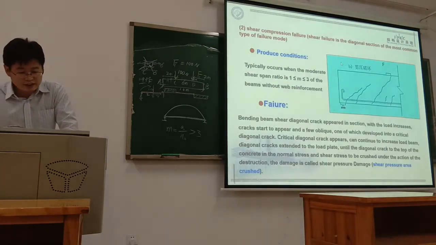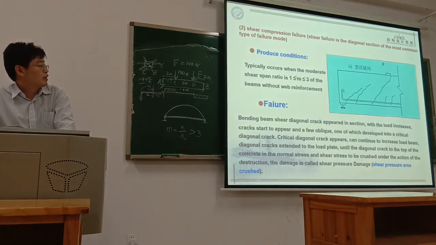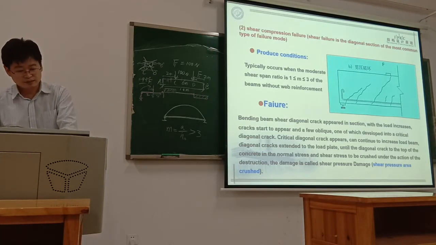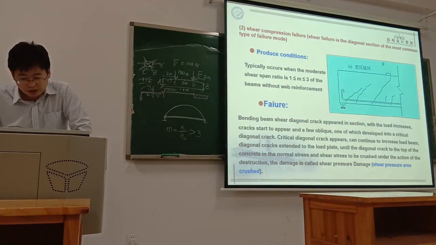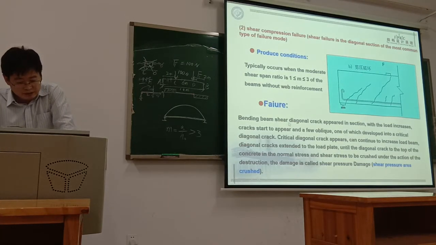And this is the second. When the shear span ratio m is larger than 1 and smaller than 3, so the distance is getting a little bit smaller, the failure mode is like this. In the bending beam, shear diagonal cracks appear in the section.